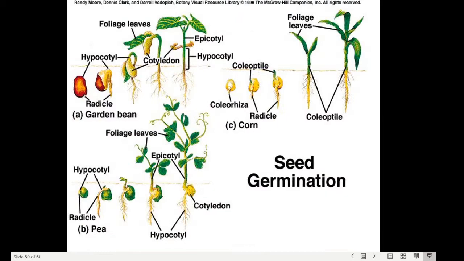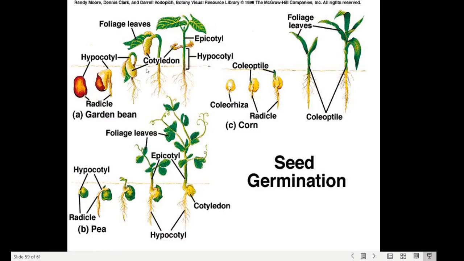Okay, seed germination. It's the final example, for seed germination. In seed germination, we have different examples. First one is the garden bean. Garden bean has a hypocotyl that has the radicle.